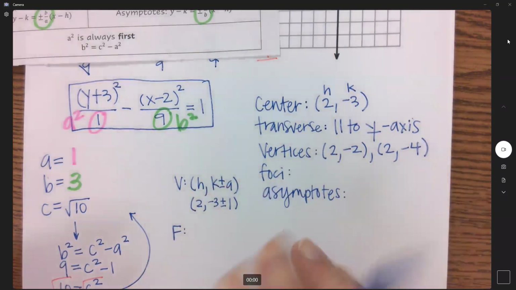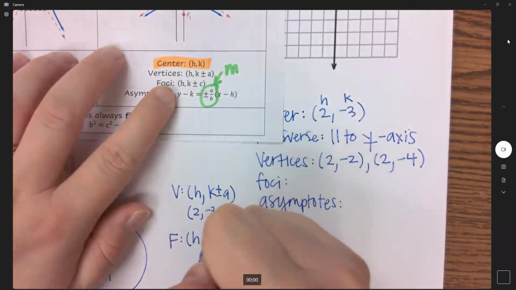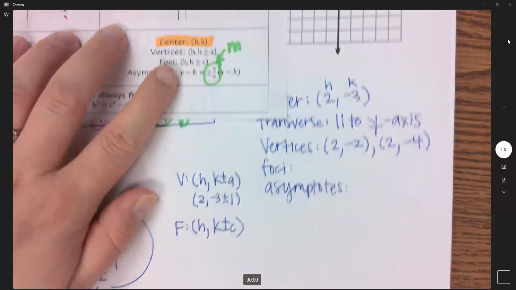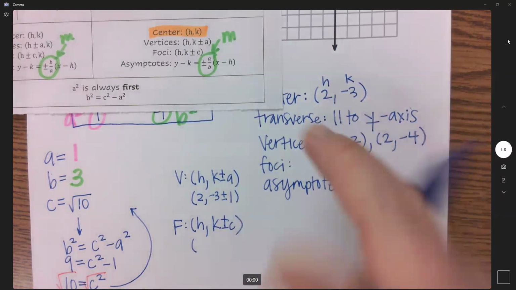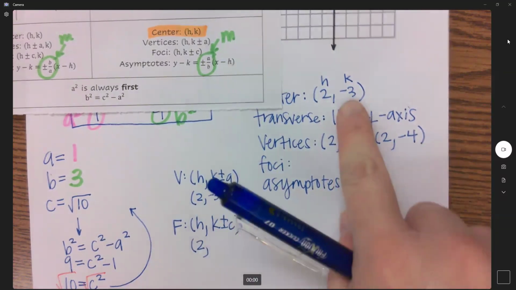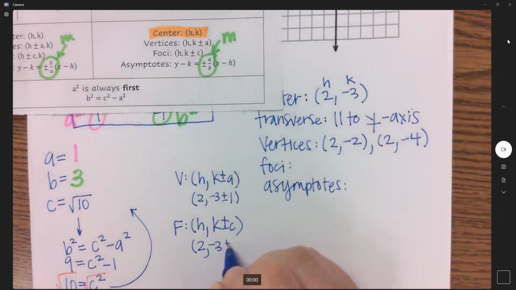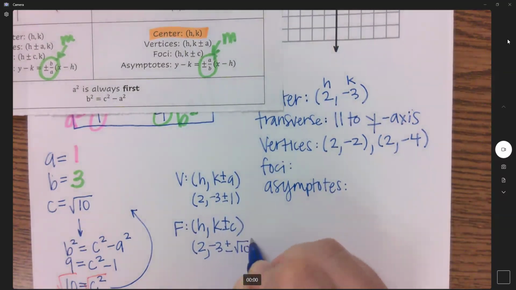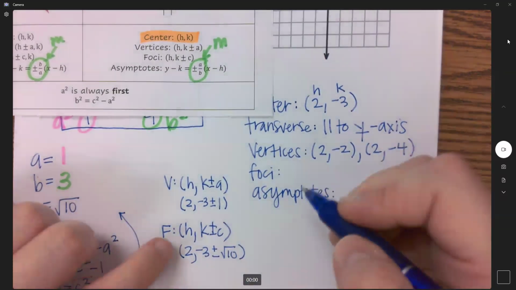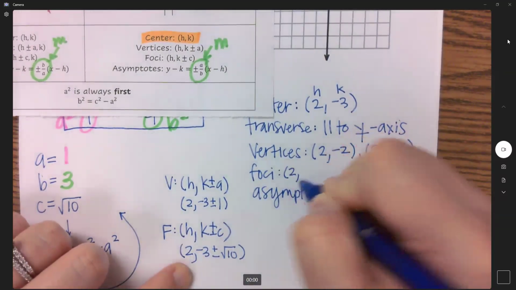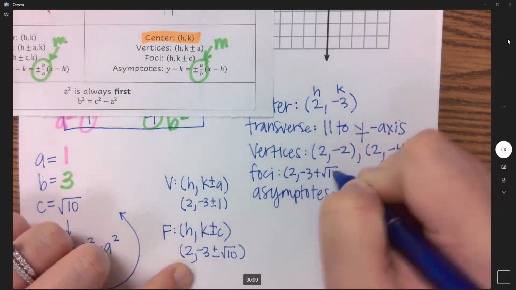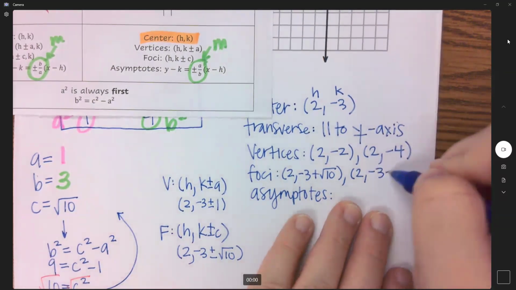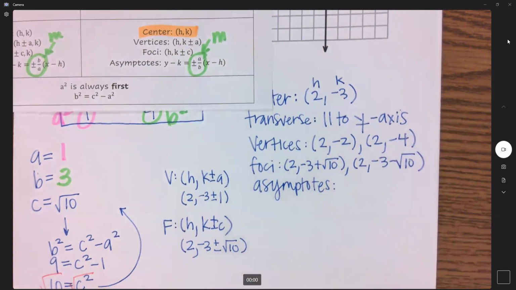Then my foci is h, comma, k plus or minus c. So again, h is 2, k is -3, and then plus or minus my c of square root 10. We'll have 2, comma, -3 plus square root 10, and 2, comma, -3 minus square root 10.